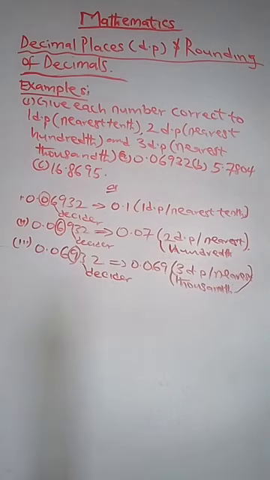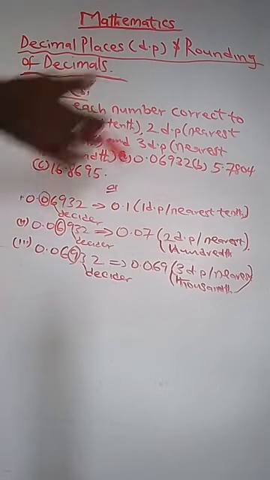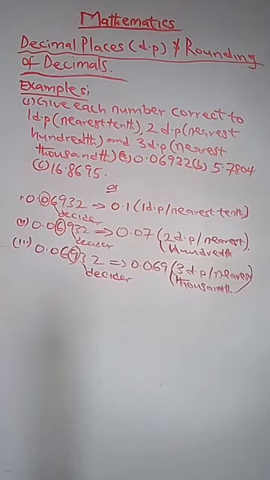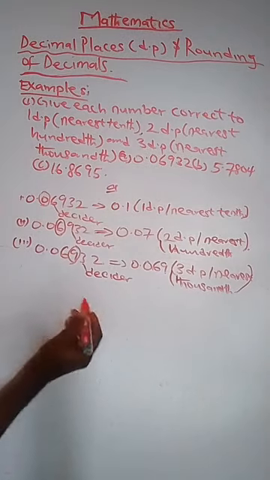So that is how to take this number to different decimal places or round to the different place values like nearest tenth, nearest hundredth, and nearest thousandth. Let's look at the second question.